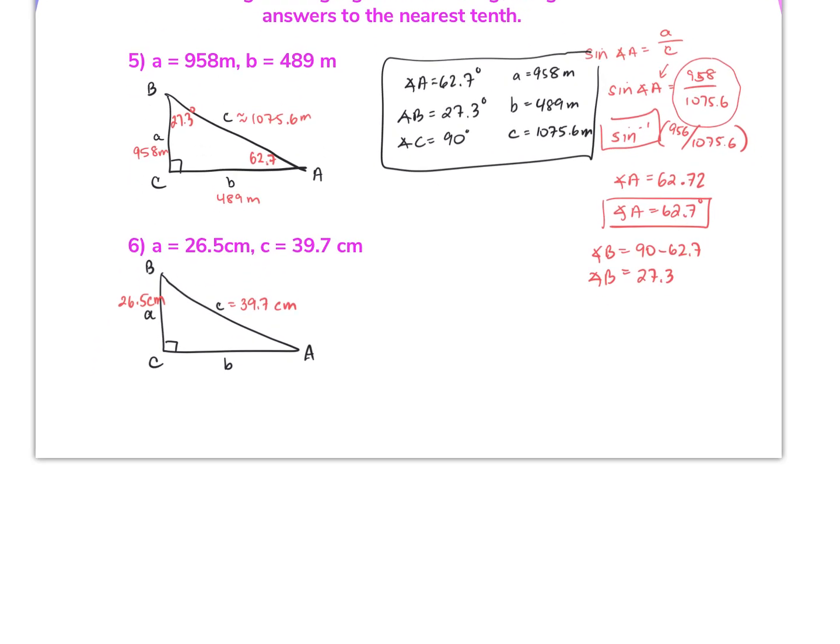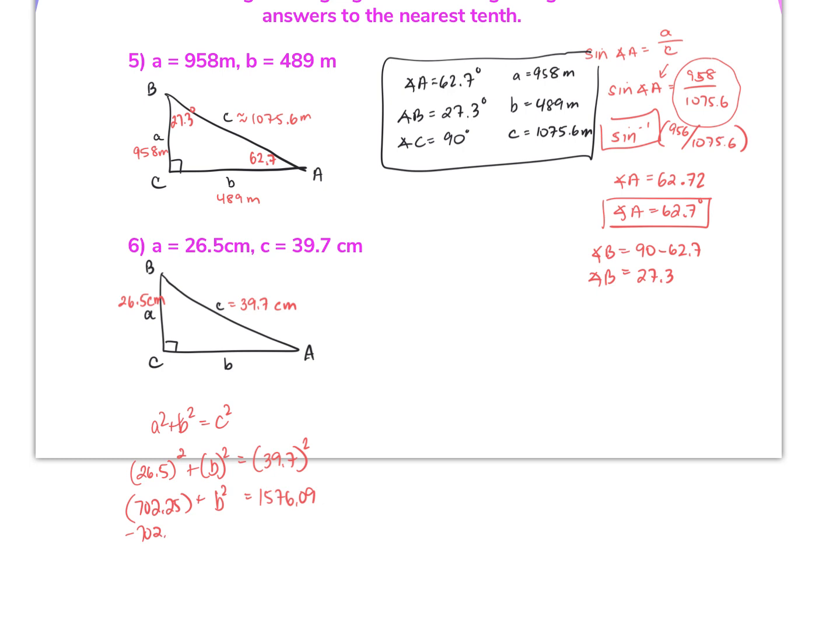So let's solve for this. Again, I've got a squared plus b squared equals c squared. A is 26.5 squared. B squared, we don't know. And c squared is 39.7 squared. So again, I'm going to go to my calculator, make sure my numbers match with yours. 26.5 squared is 702.25 plus b squared equals 39.7 squared, that's 1576.09.